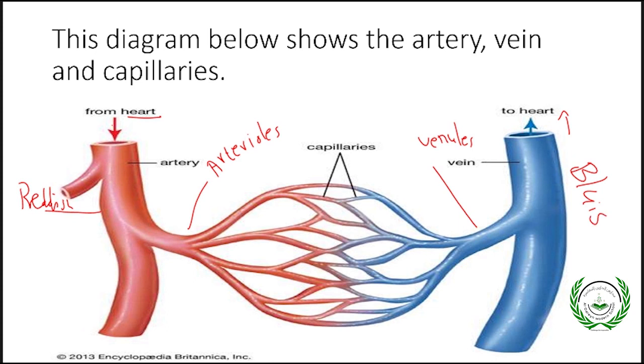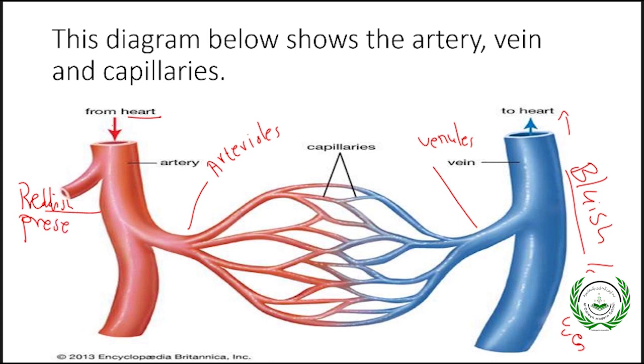The difference is also the color. This one is reddish, and this reddish color explains that there is a presence of oxygen in the blood. While the color here is bluish, and this bluish color explains a lack of oxygen.